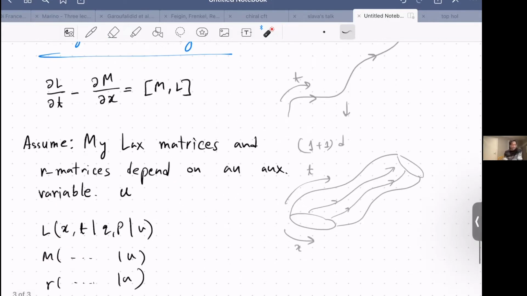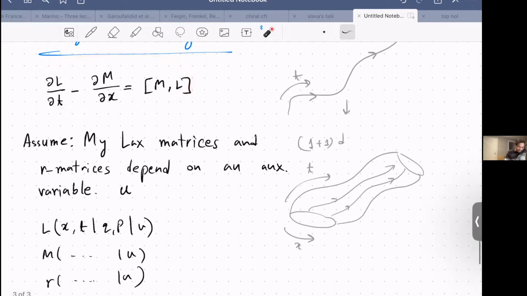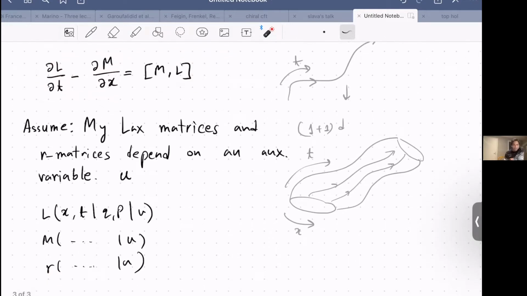So this may seem like a stronger condition than what we originally had, because previously we just said that if you find a Lax pair, by the way, the Lax pair refers to this L and M, and R is the R matrix. So previously our claim was that if you have a Lax pair and an R matrix, you have an integrable system. Now I am saying that I'm not looking at this kind of general integrable systems, but I'm looking at the kind of integrable systems where I not only have one Lax pair and an R matrix, but a family of Lax pairs and R matrices parameterized by u.